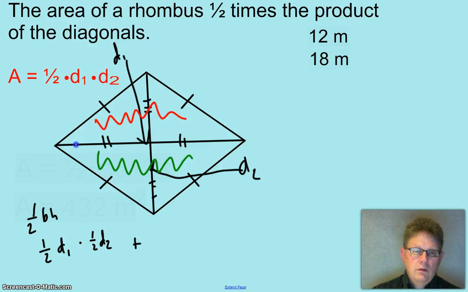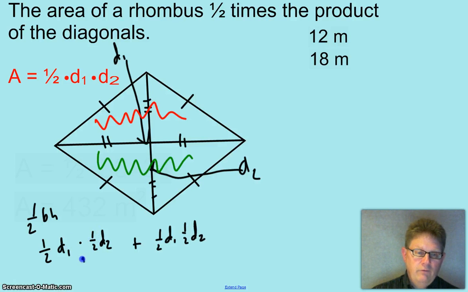Green triangle. The base is, so 1/2, the base is diagonal 1 again. And the height of that triangle is 1/2 diagonal 2.